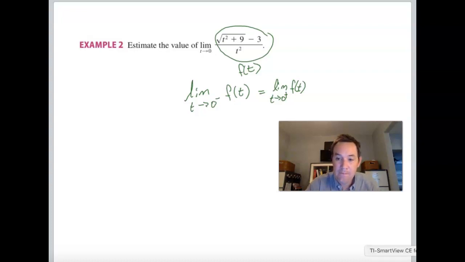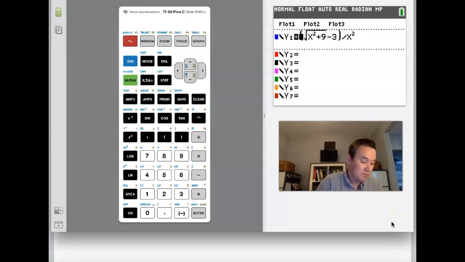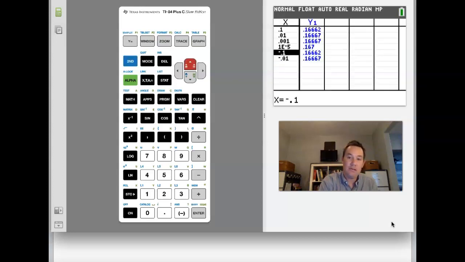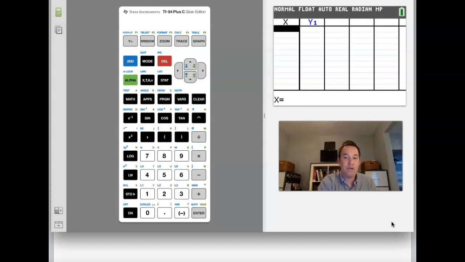So I went ahead and plugged my function into y1. Okay, you want to make sure your table is set to, the independent variable is set to ask. If you have stuff in there already, you can just delete it out. And then remember what your limiting value is. So I'm approaching 0.